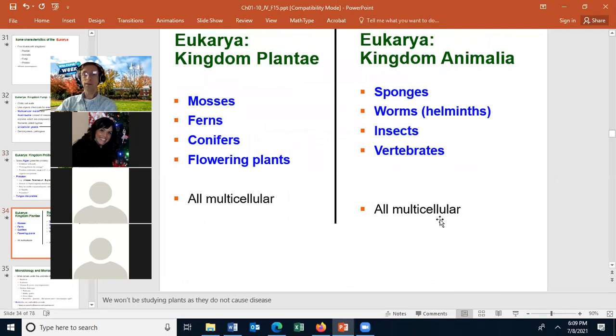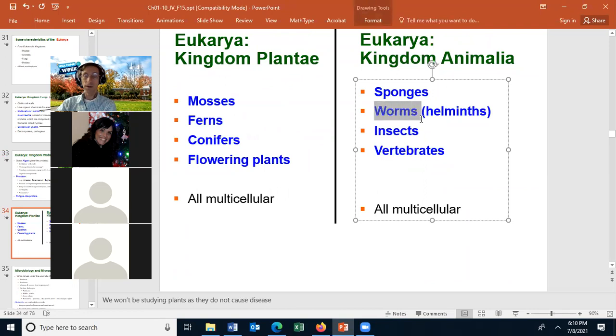If not, let's move on to the kingdom animals, the last group of the eukaryotes. We can classify animals if they're a sponge, if there is a worm, and this is a generic term. The correct scientific term is a helminth. Helminth means worm.